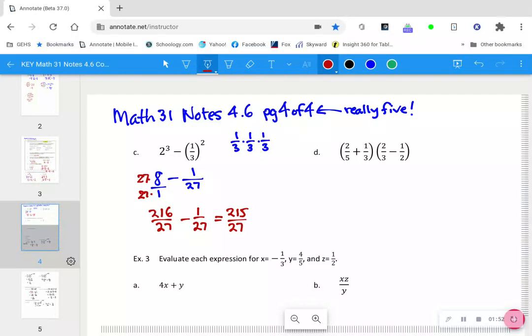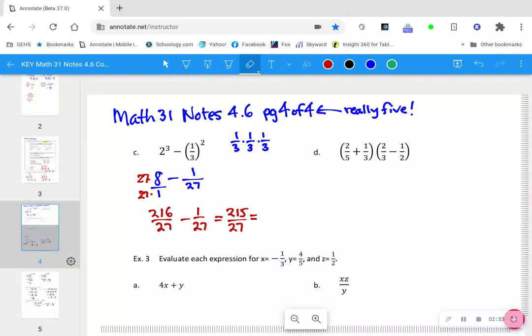And at this point, we're going to divide by 3, I think, but maybe not. Yeah, you get 72 over 9. Something's really goofy here, because that'll be 8. And I know 8 minus 1/27 is not, oh gee, what did I do wrong here? 27 times 8. 216, 215 over 27.